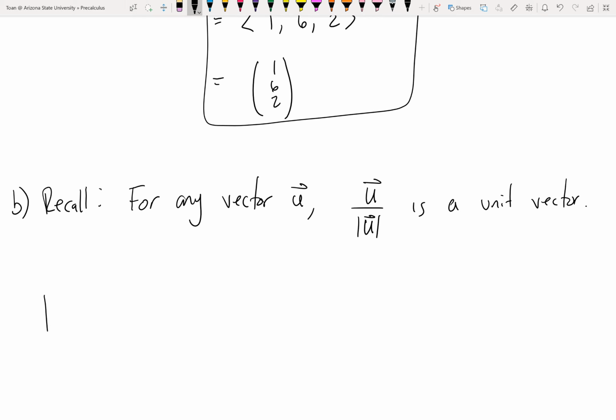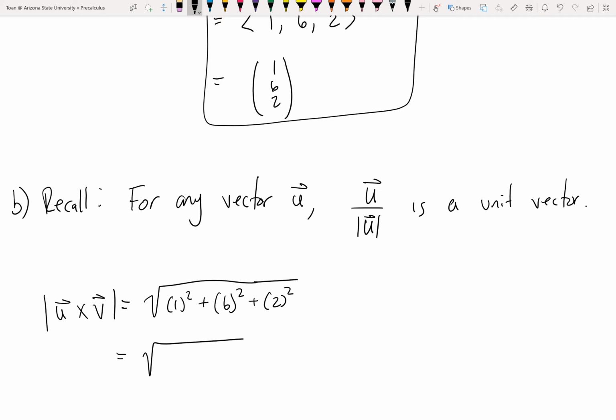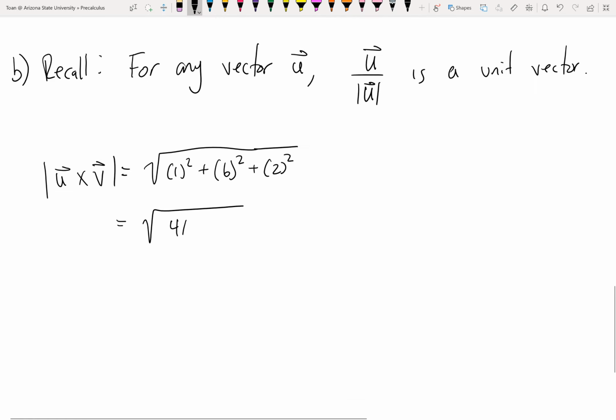So the magnitude of u cross v, this is just the magnitude formula in 3 dimensions, is the horizontal component squared plus the y component squared plus the z component squared. So what is that? 36 plus 4 is 40, 41. So we just simply need to divide it out.